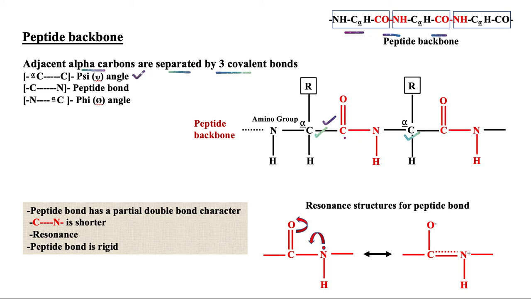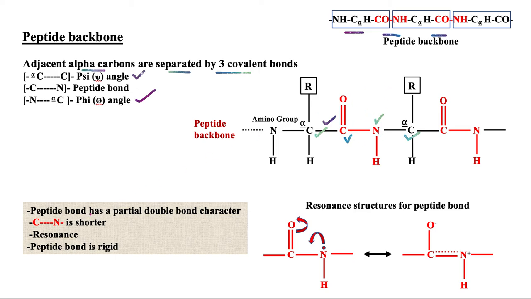Another covalent bond is between the carbonyl carbon and nitrogen, and that is the peptide bond. The third one is between nitrogen and the alpha carbon, and that is known as the phi angle. So these three covalent bonds separate adjacent alpha carbons in a polypeptide backbone.